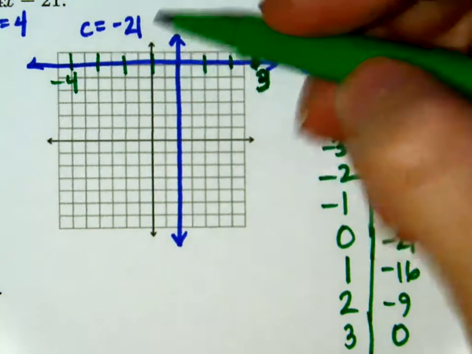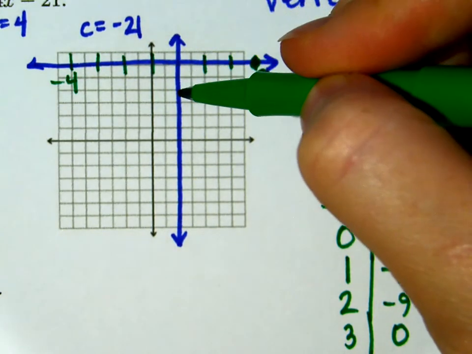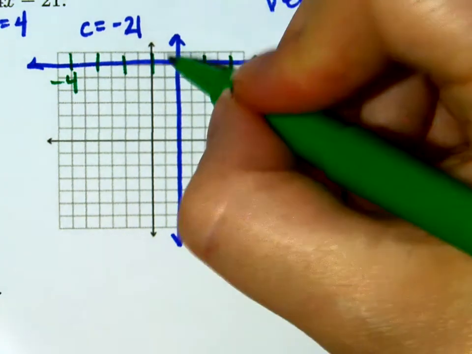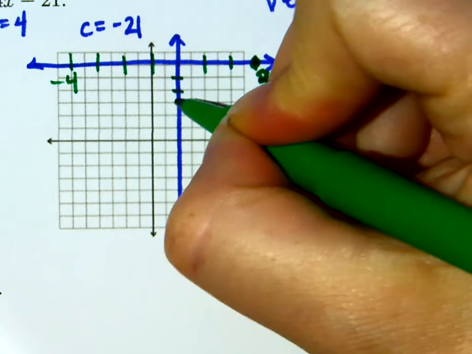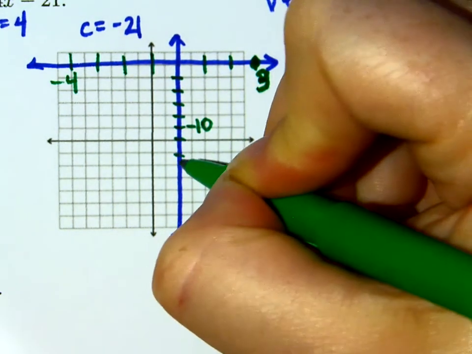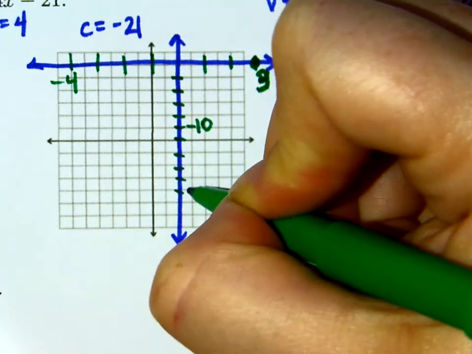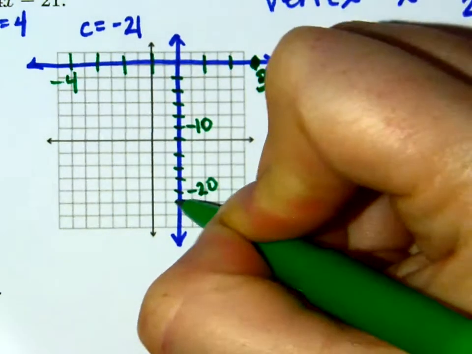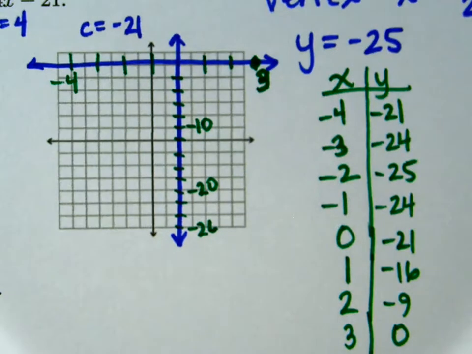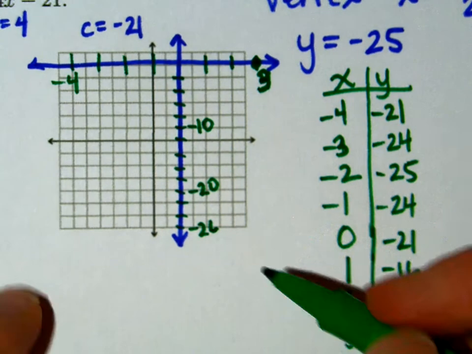And going down, 2, 4, 6, 8, 10. Yeah, this is going to work out. Okay. 2, 4, 6, 8, 10 below. 12, 14, 16, 18, 20 below. 22, 24, 26. That's 26 below. Okay, I'm ready to plot.